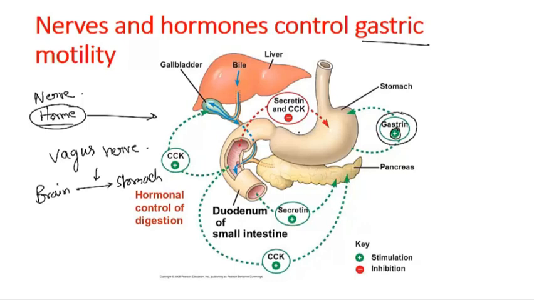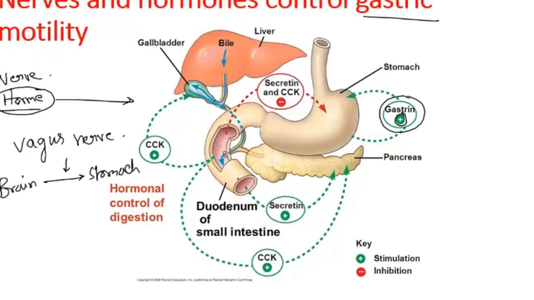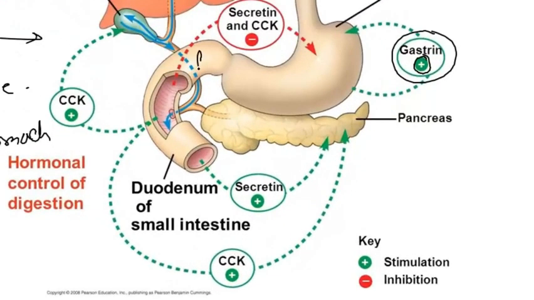Okay, so as the duodenum starts to receive chyme, motility starts to slow down a little bit, and the fats in the duodenum cause the release of another hormone, CCK. If fats are present here, it stimulates release of what is known as cholecystokinin.